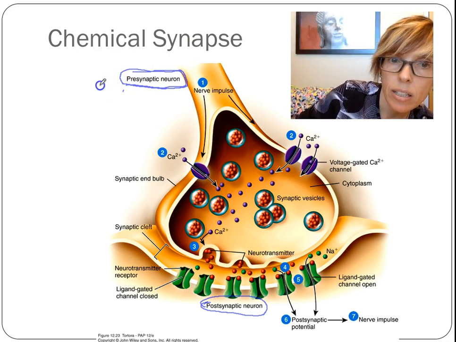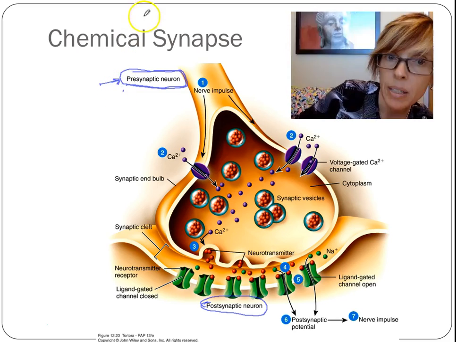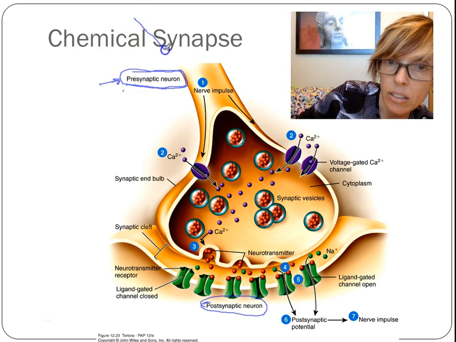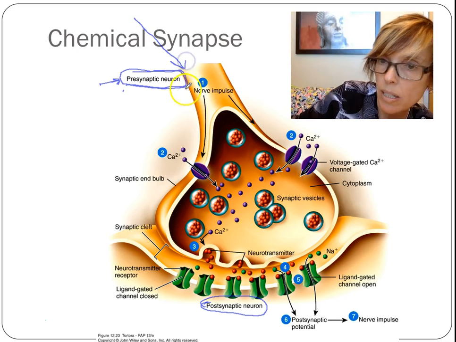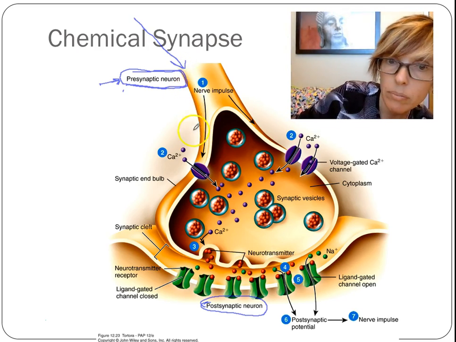So in this neuron, in the presynaptic neuron, we have an action potential. It's coming down that length of the axon, and here we are in that synaptic end bulb, which is basically the last bit of it. As that nerve signal travels, all these sodium channels are opening and closing.